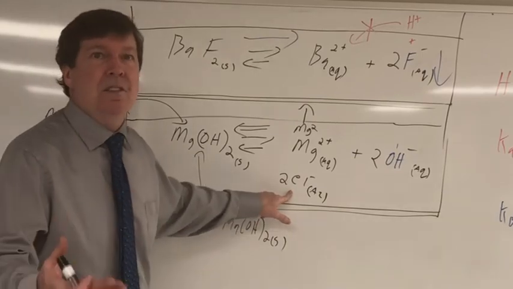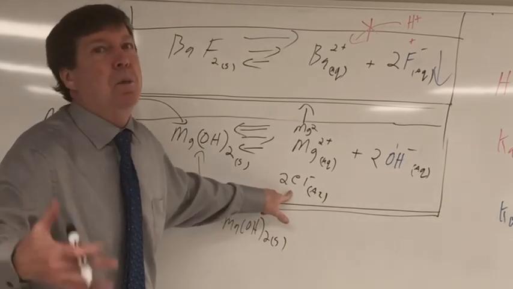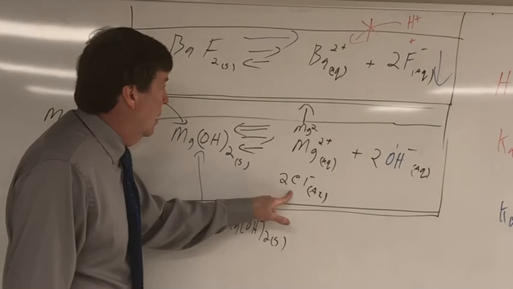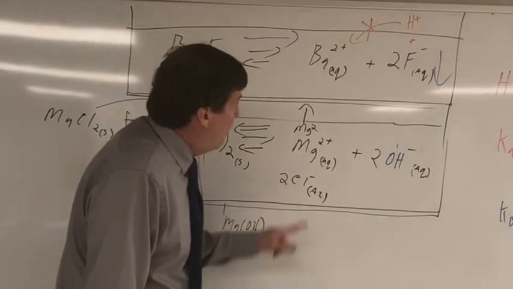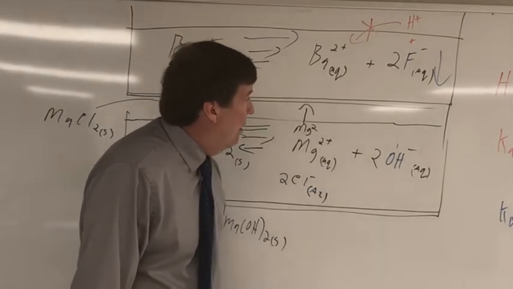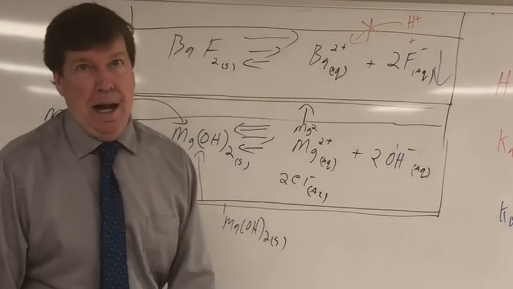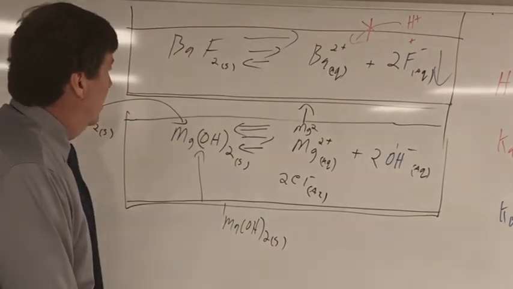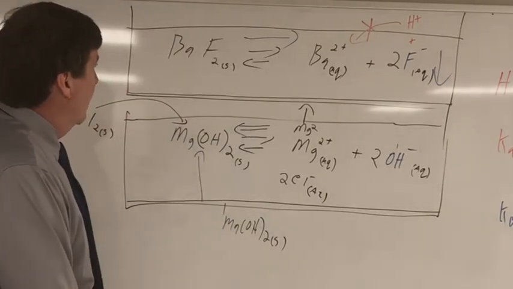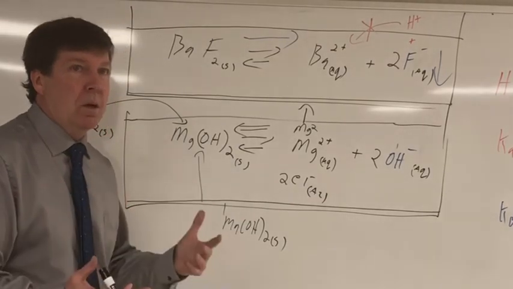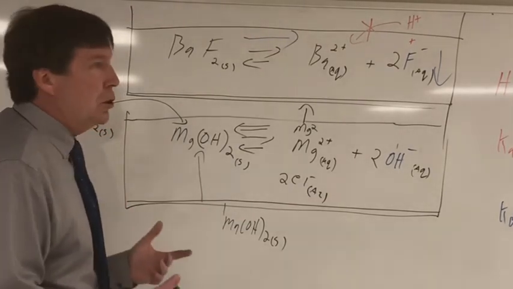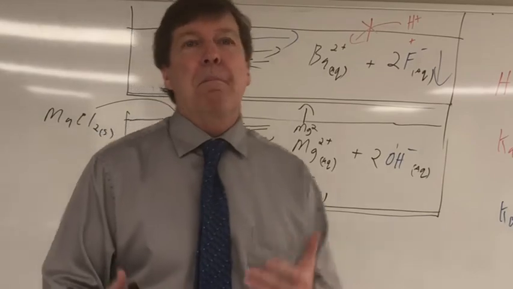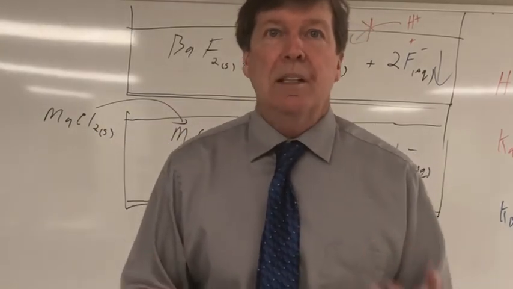This brings up the concepts that we've done in a previous video. Is the Cl minus going to react with OH minus? Of course not. All right, so that's some important concepts. What I want to do now is take a closer look at magnesium hydroxide. So that's what we're going to do now.